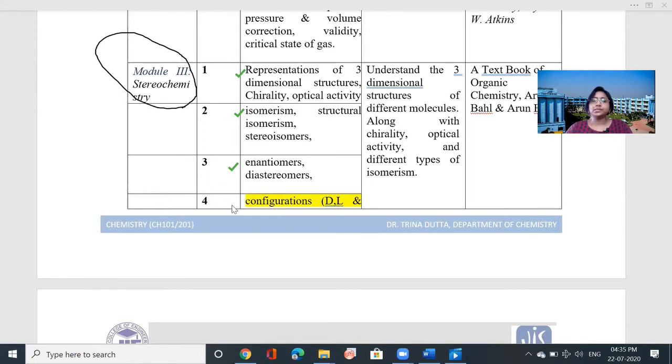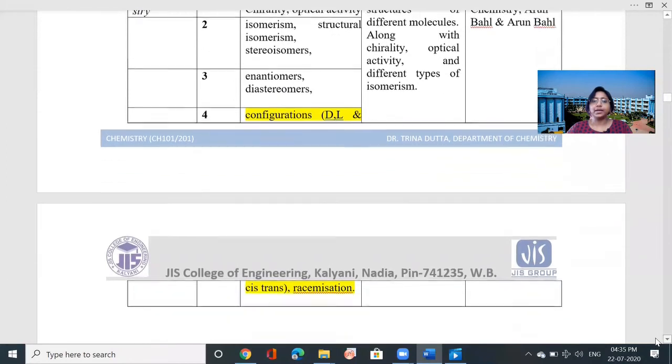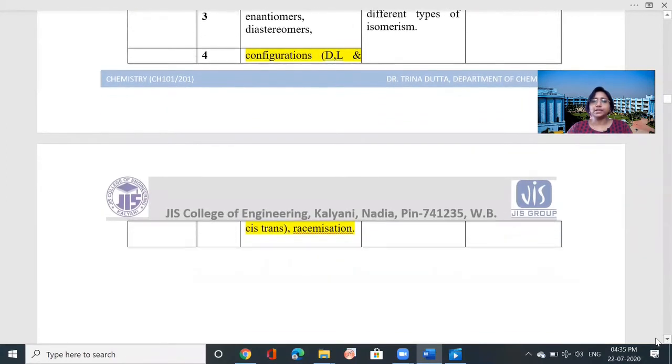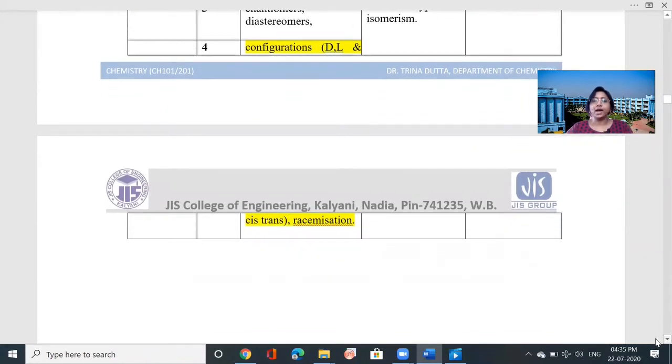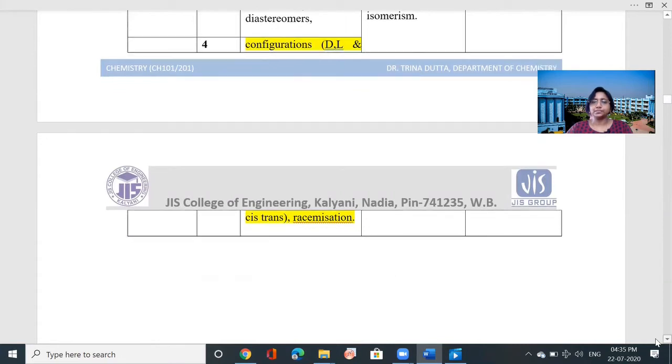So in today's lecture, you will learn the DL configurations, the Cis-Trans configurations, and racemization. This part is already highlighted.